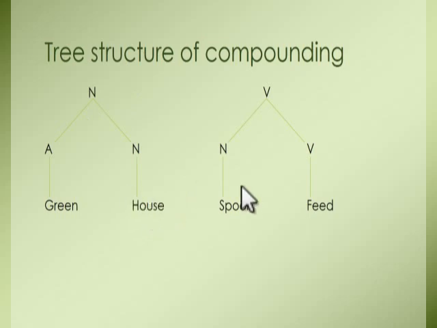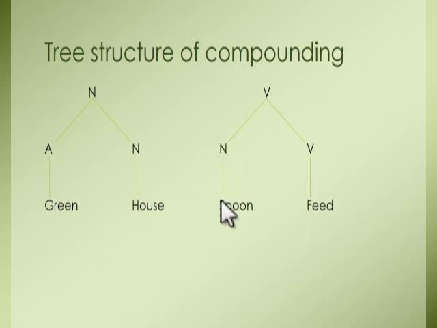Okay, and then we have the other example, spoon feed. You write separately spoon and feed, and then for spoon you have to draw the line and check the lexical category. Okay, you may check your Oxford Dictionary to make sure of the lexical category.